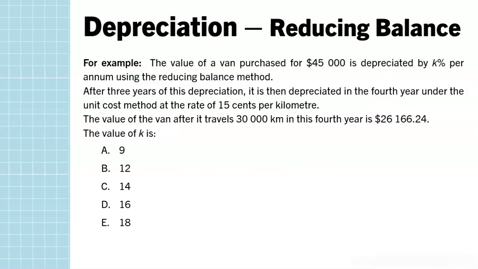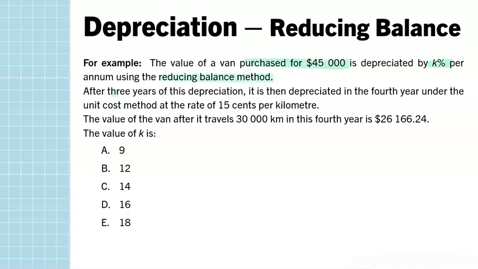This final example, despite it being a multiple choice question, is actually multi-step and using depreciation. The value of a van purchased for $45,000 is depreciated by K% per annum using the reducing balance method.